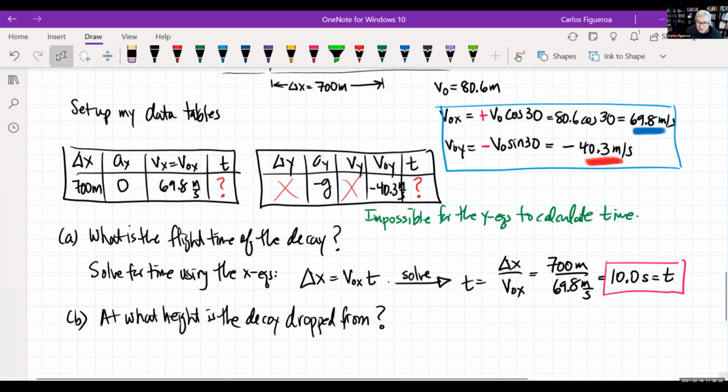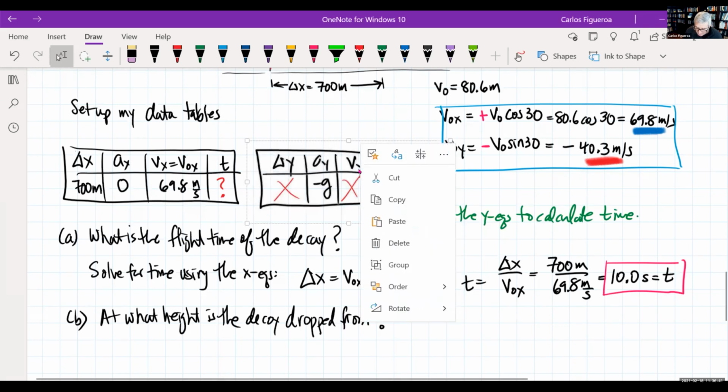Well, for starters, let's go back to our table here. And one of the things that I see right away is that that's a y thing. So I'm going to steal this table right here, and I'm going to bring it back down here.